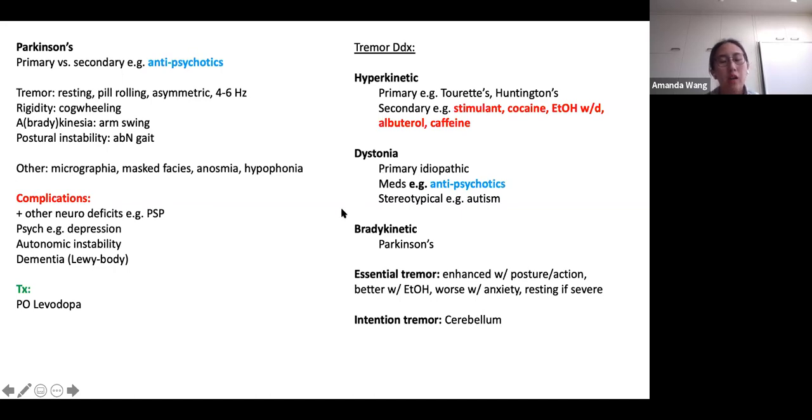And then there's the differential on the right-hand side that we wrote down for your tremor. So secondary primary causes of hyperkinetic tremors, and you can get dystonic tremors, and then Parkinson's falls under the bradykinetic tremors. The common one that you would see, like we would see in the office, is the essential tremor. So know that it gets enhanced with certain actions, it gets better with alcohol, worse with anxiety, and if it's very severe, you can get resting tremor.